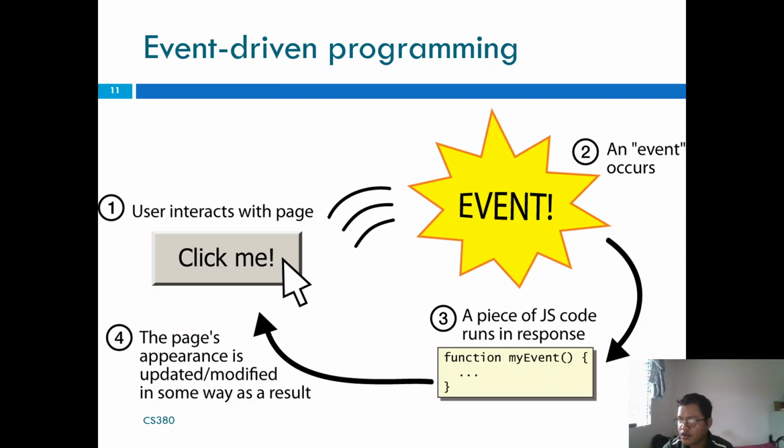Depending on how you laid out your button, it runs a function, in this case, my event function. Then the browser gives a certain response depending on the statements within the my event function in your JavaScript.